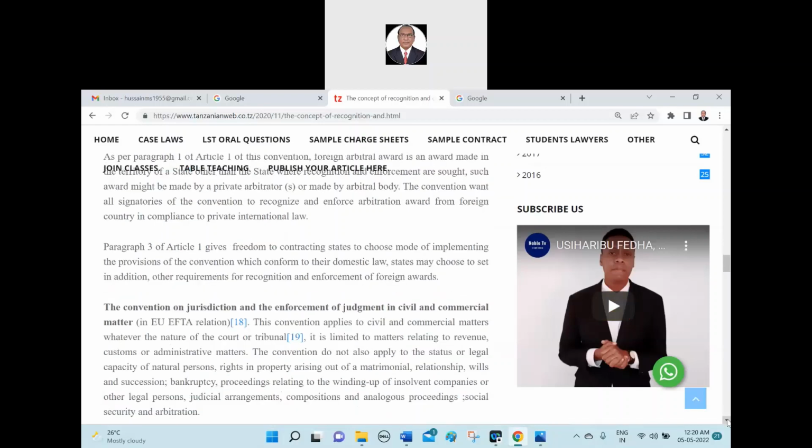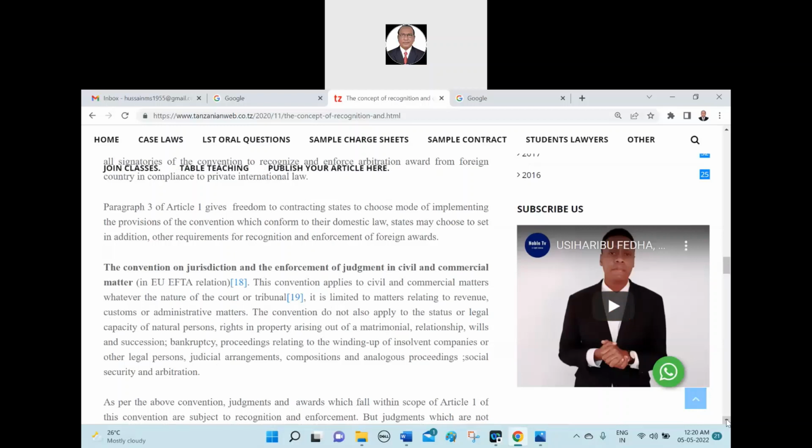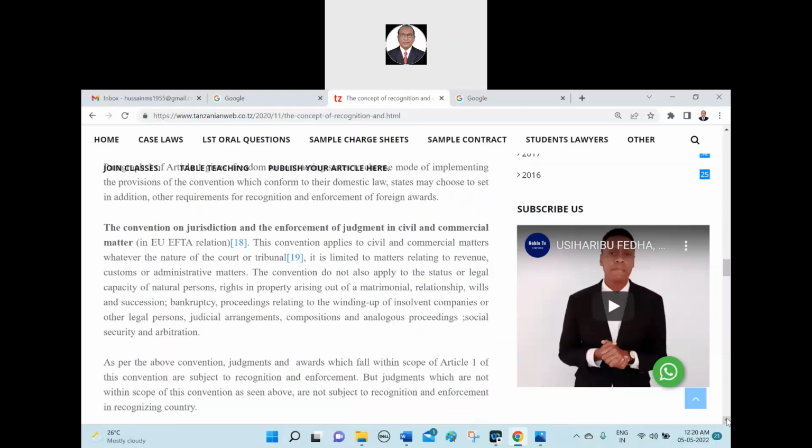Of course, they have given the articles. You need not worry about the articles. What you have to say is that the New York Convention also recognizes foreign judgments. And all the members of the convention have to obey it. Suppose one of the states does not obey it, what would be the punishment?